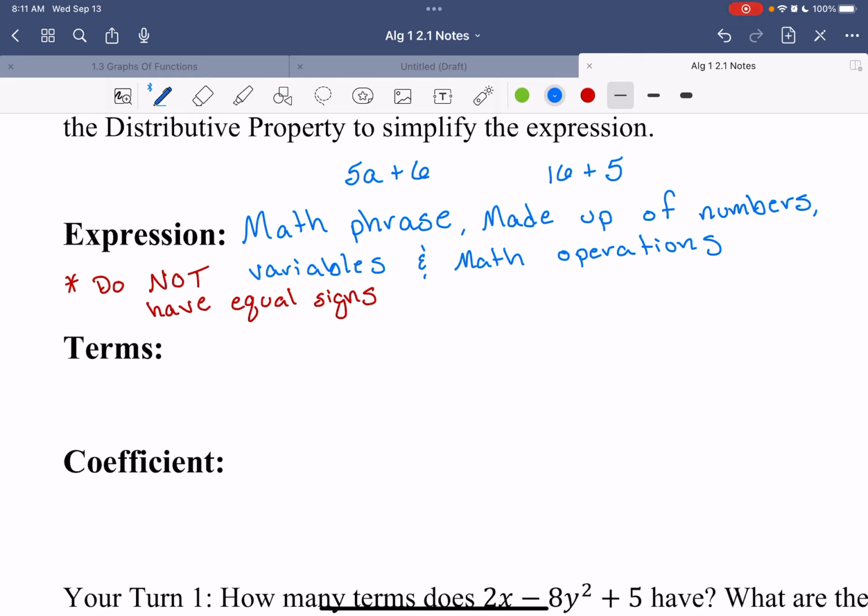Now we can simplify those phrases. So, for example, the phrase 16 plus 5, I could simplify that to 21. Okay, these are what we call equivalent expressions. They have the same value, but they're written in different ways.